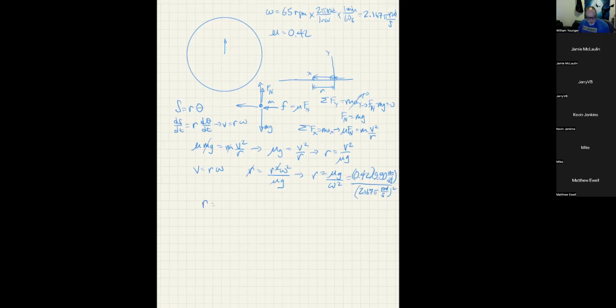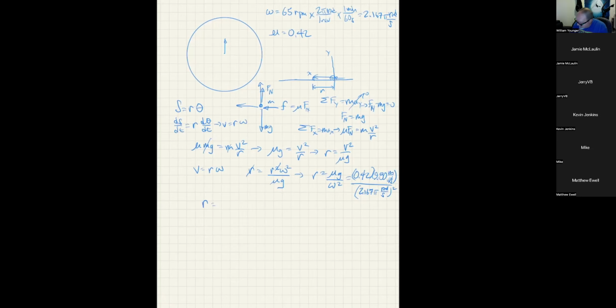So r will force that full mu coefficient of friction to be 0.42 at that point. So that is 0.42 times 9.80, and then I'm going to divide that by parentheses 2.167 times pi, and then I'm going to square that stuff in the bottom.